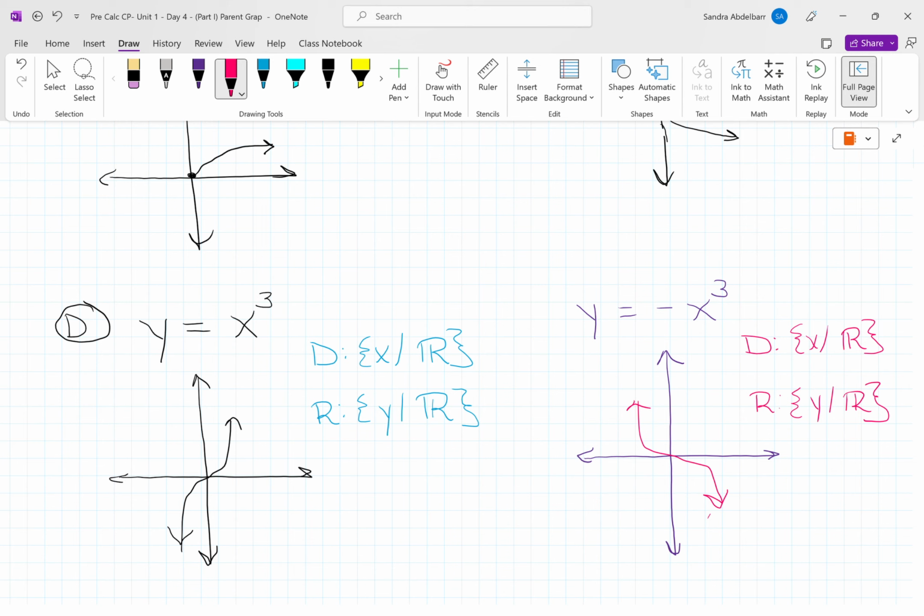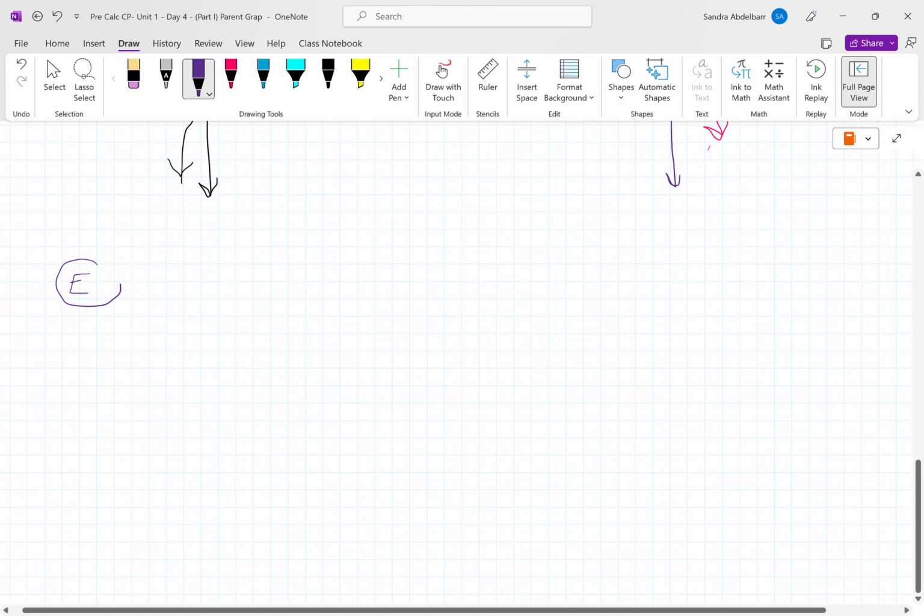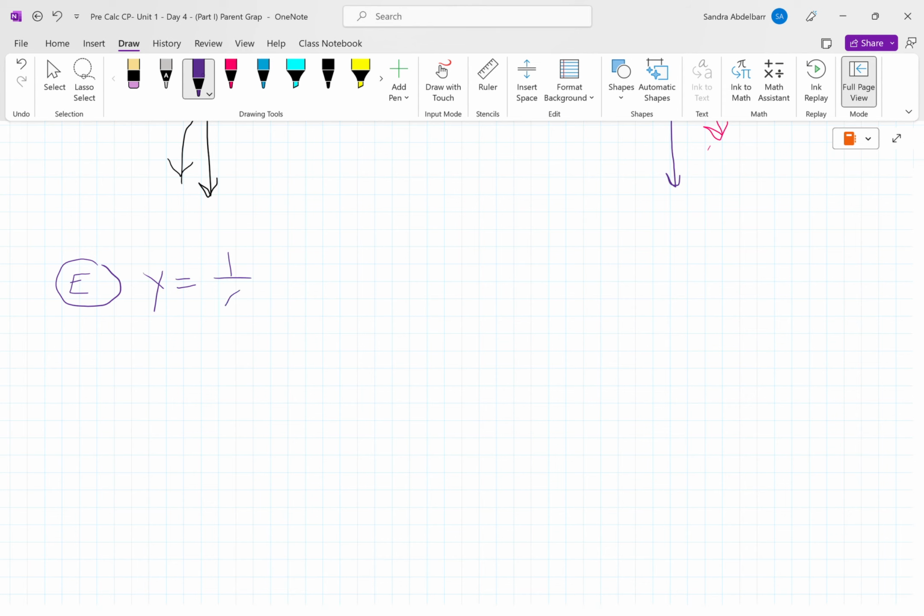Oh, sorry, there is one more. There's one more paragraph I need you to memorize. Can I go to the last paragraph? So here we have y equals 1 over x. This is called a rectangular hyperbola.